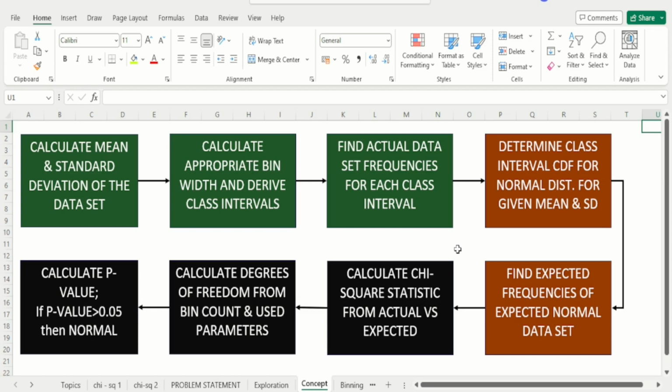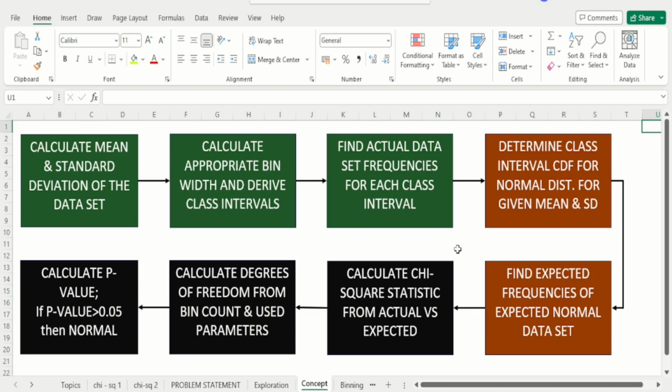Now, once you have dealt with the actual data set and derived the class intervals and the frequencies, the next thing that we need to do is determine, given the mean and given the standard deviation, what would be the class intervals for the normal distribution, and then derive the frequency for that normal distribution.